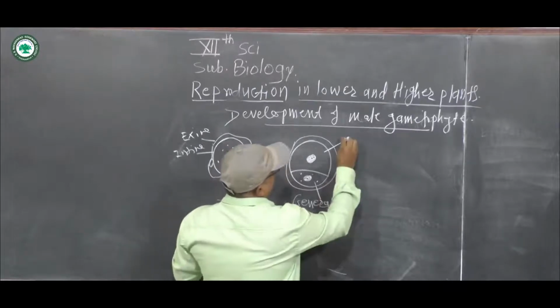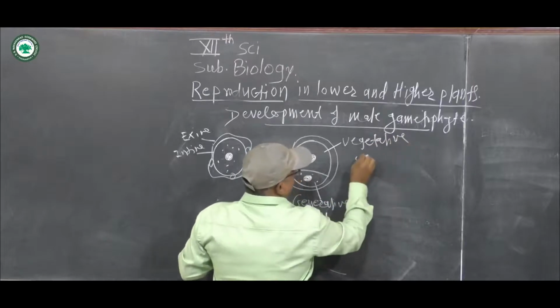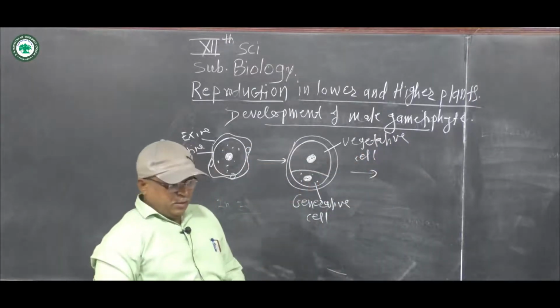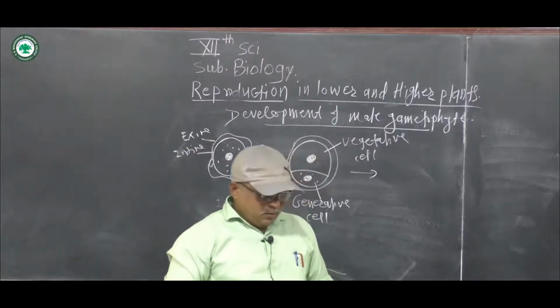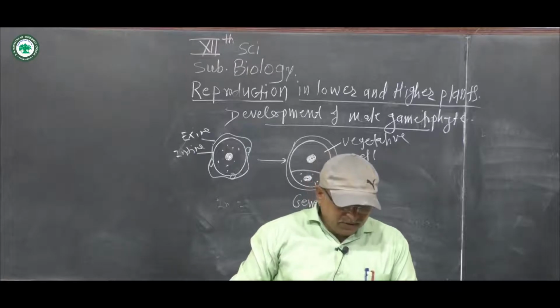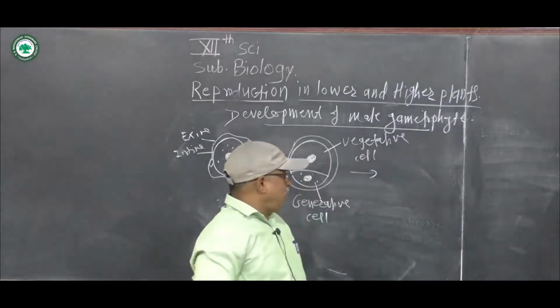Generative cell, vegetative cell. Then here from the generative cell nucleus, the two male gametes are formed.